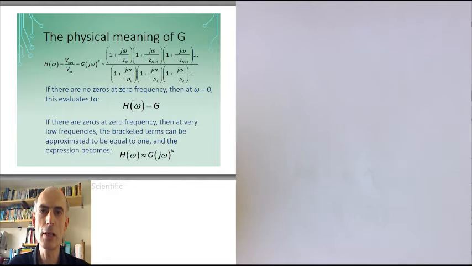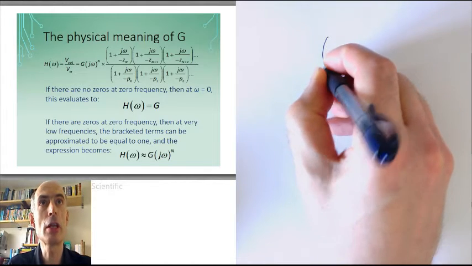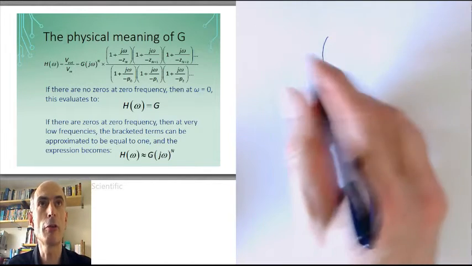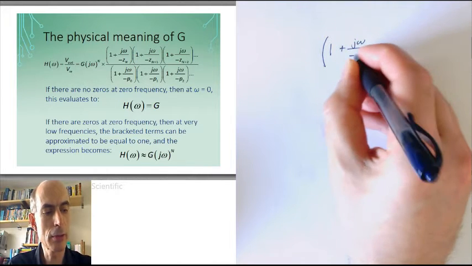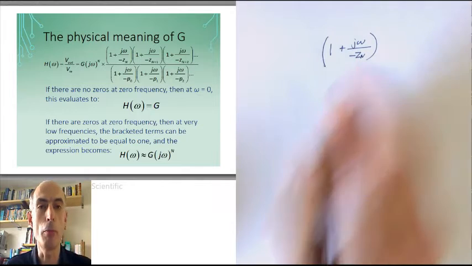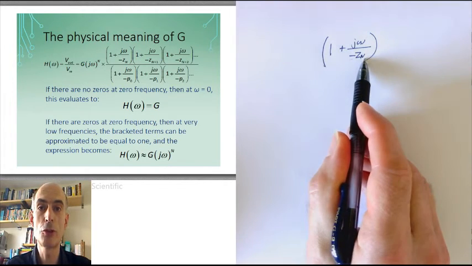Now the term g does have a convenient physical meaning, and you can see that if you consider what happens at very, very low frequencies. If you think about all of the terms on the numerator and denominator of the expression on the slide, they all look like this sort of form. 1 plus j omega divided by a constant, which is characteristic of the circuit.